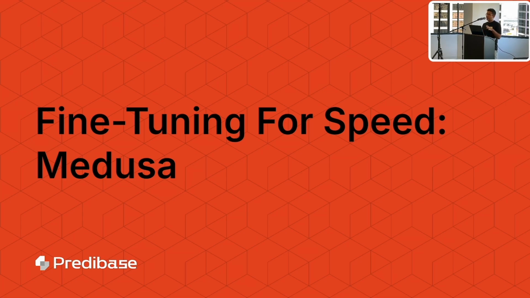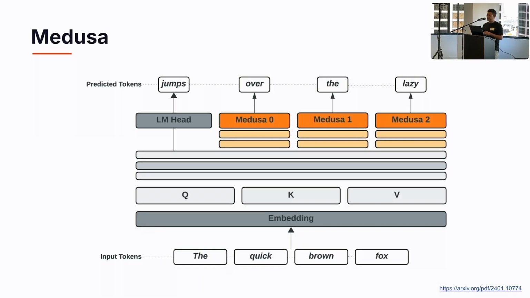This is through a method called Medusa. It's a very popular paper that came out, I think, several months ago. The basic idea with Medusa is, again, I'm not sure how well everyone can see it, but the idea is very simple. You've got your same inputs that go into the model. You've got the model as it was.